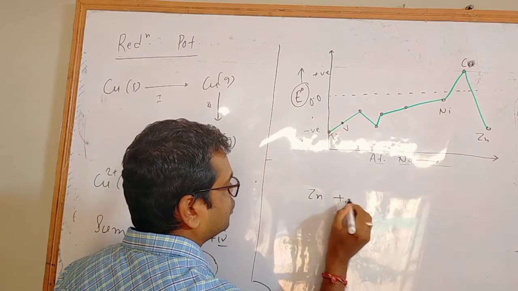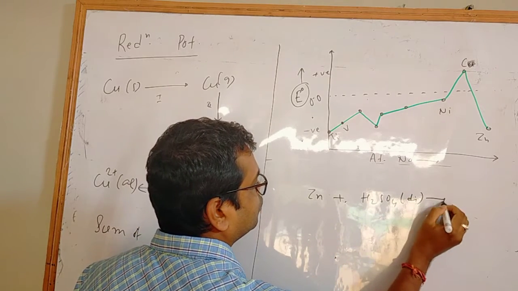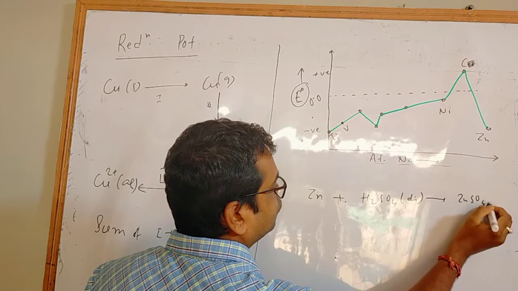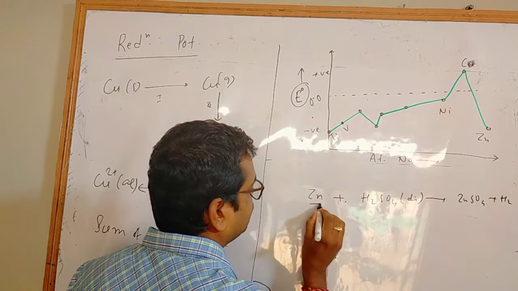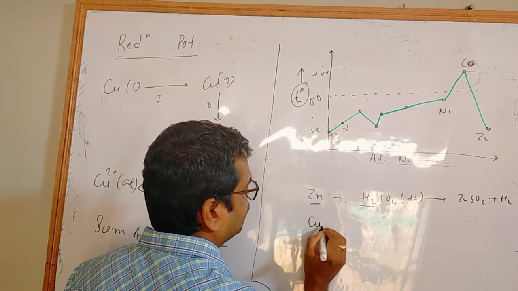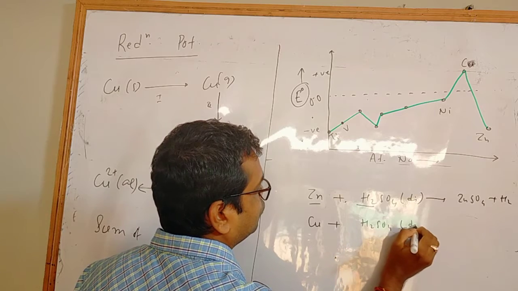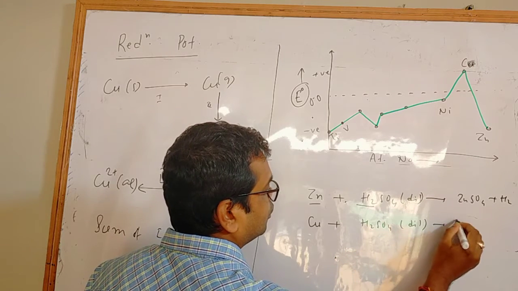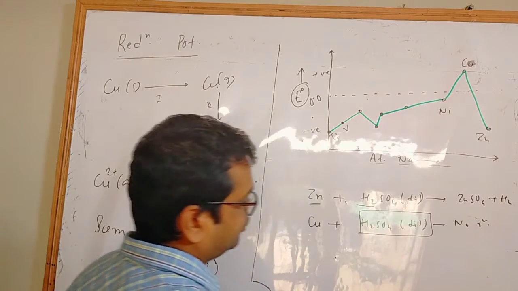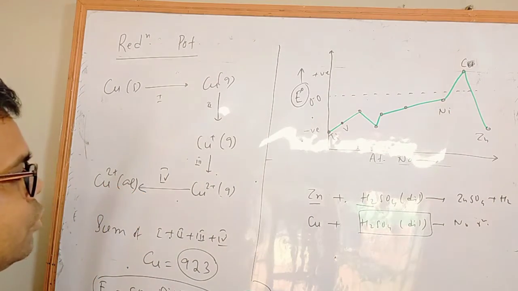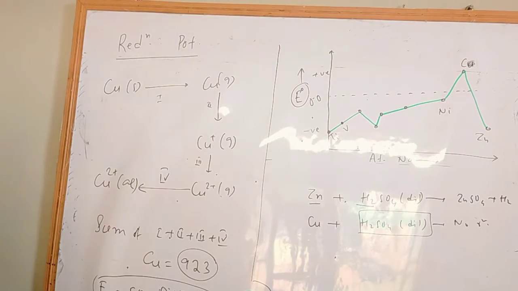Zinc plus dilute H2SO4 gives ZnSO4 plus H2. So zinc can displace hydrogen, but for copper with dilute H2SO4 there will be no reaction. However, with concentrated acid it will react, but with dilute it will not. Students, write down up to this.